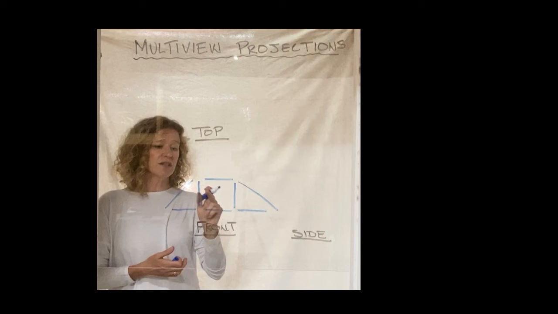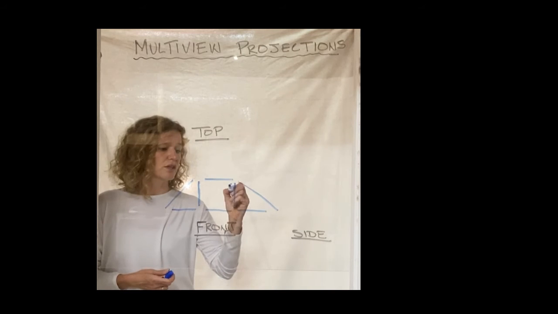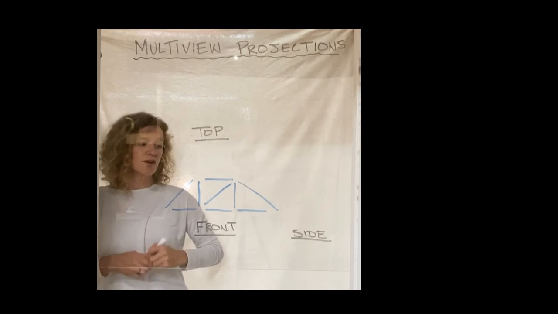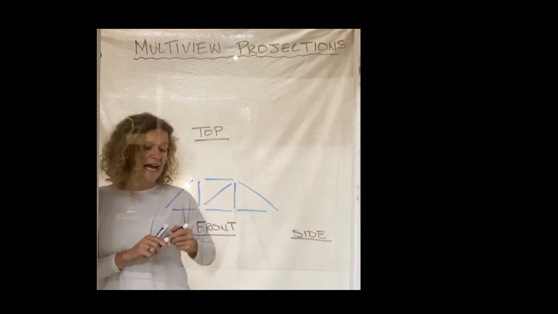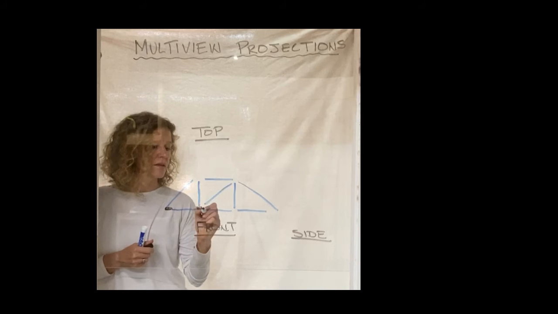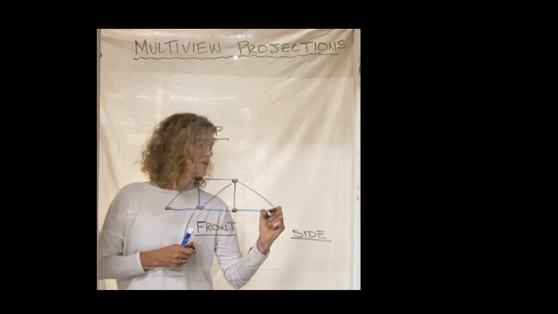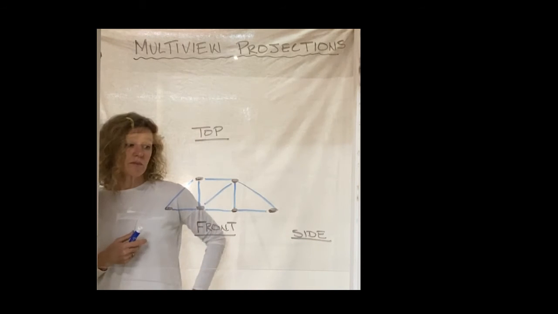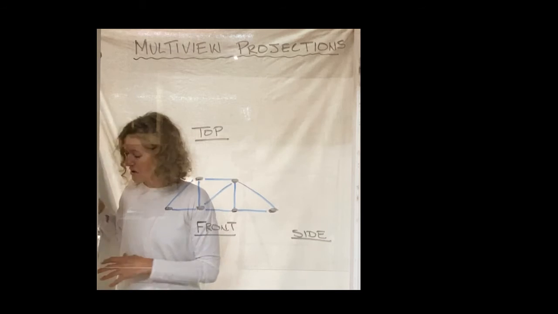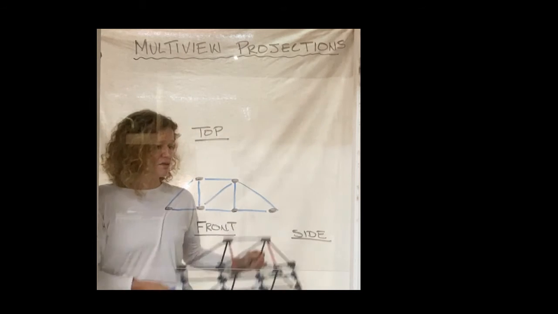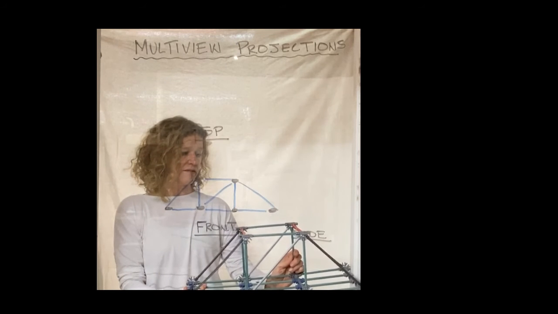And we know we have the middle diagonal. We said it's going the same direction as the one closest to me. So here's our trussed front bridge, and we can add in our connectors. So there's our bridge. And I think it looks pretty close to what we have.